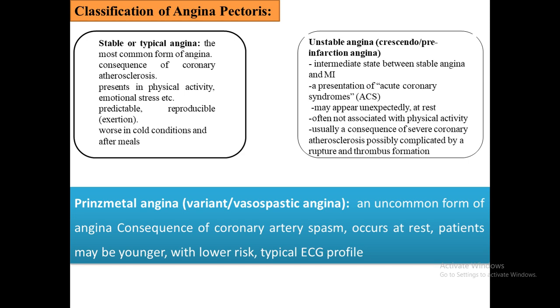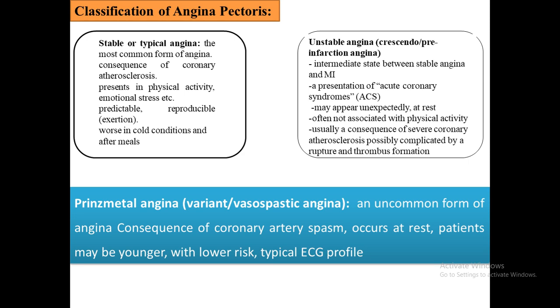And then unstable angina, which is associated with an intermediate state between stable angina and myocardial infarction. So before you develop myocardial infarction, in between, these anginal symptoms occur, which cause unstable angina.